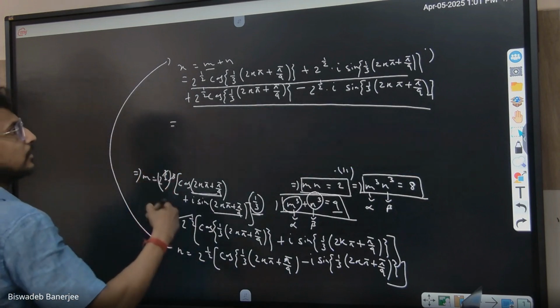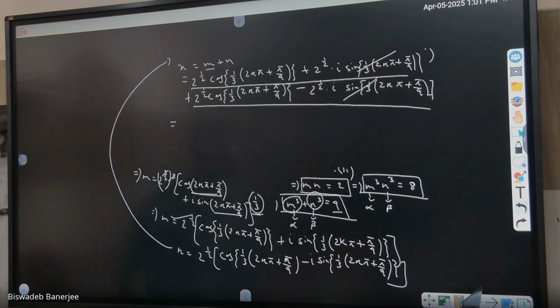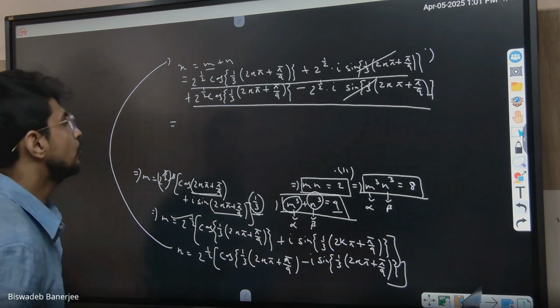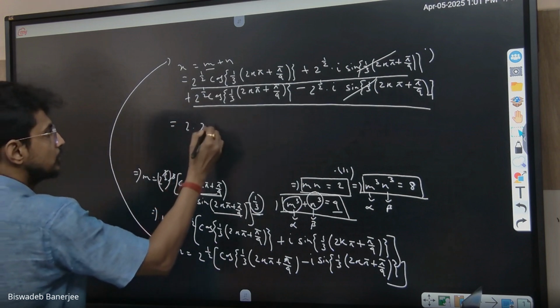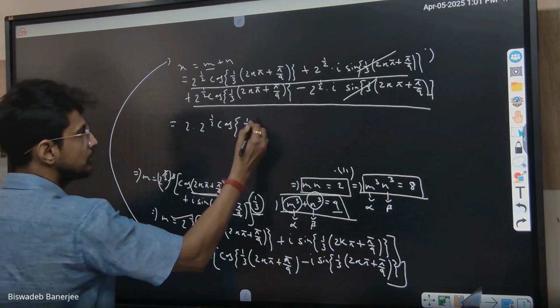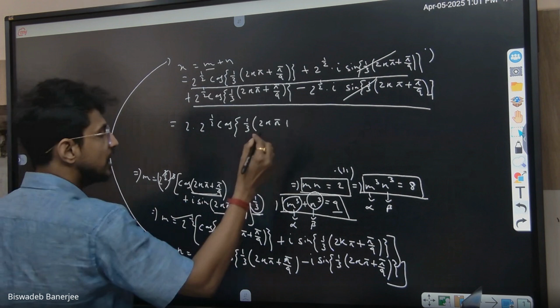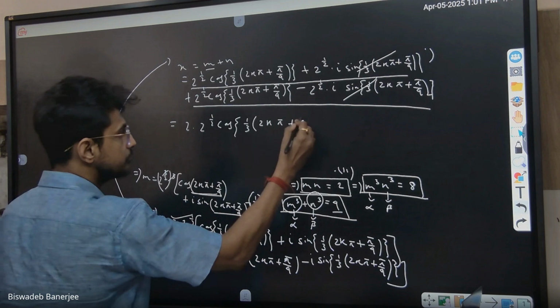Now you can easily see that this portion gets cancelled. Plus minus gets cancelled. So what do we obtain? This plus this gives you 2 into 2 to the power half into cos. Just adding them.